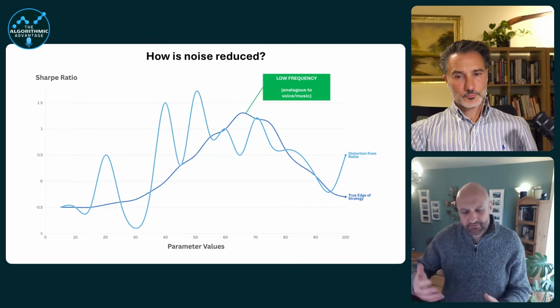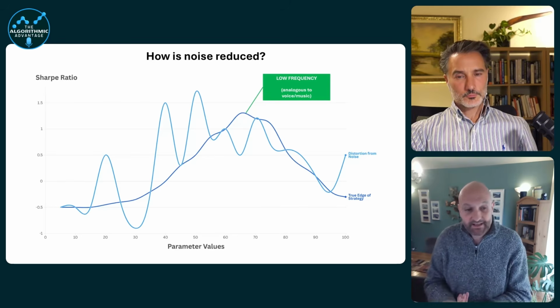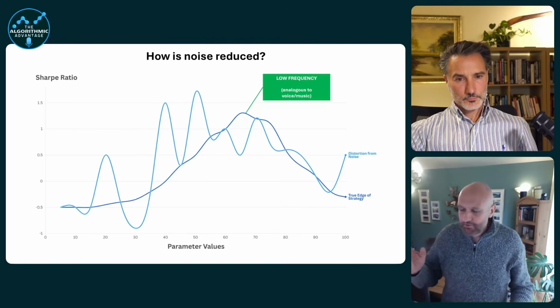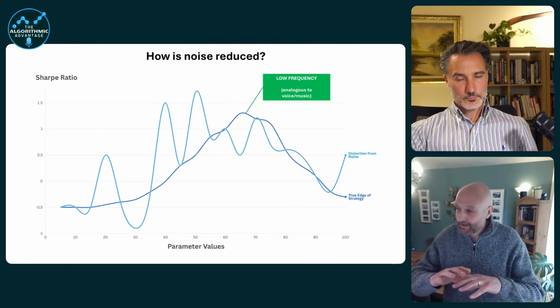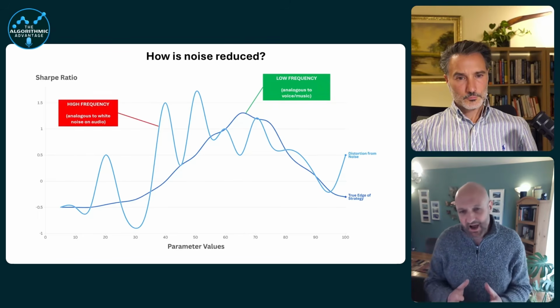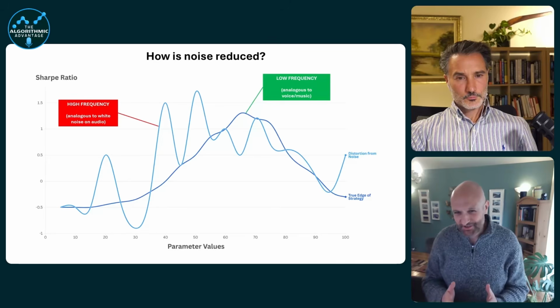And you get this erratic nature to the data that you're presented with from the optimization. So another way of looking at it is low frequency changes and high frequency changes.